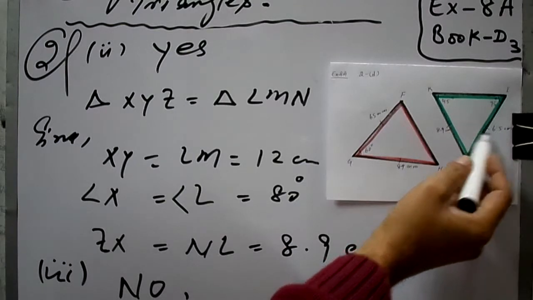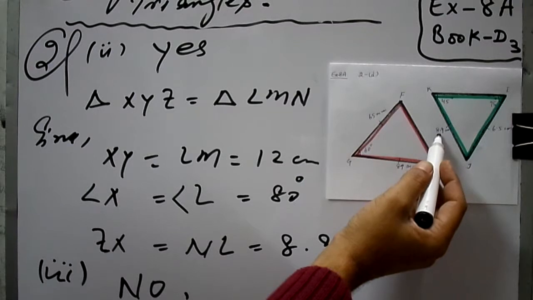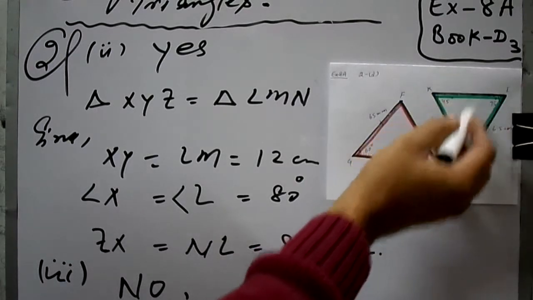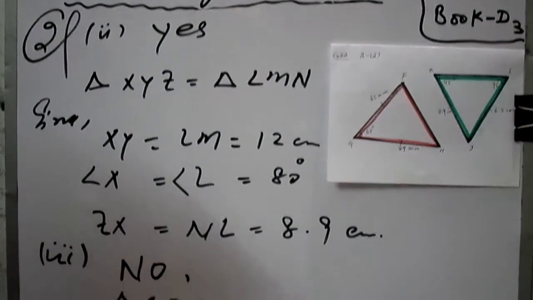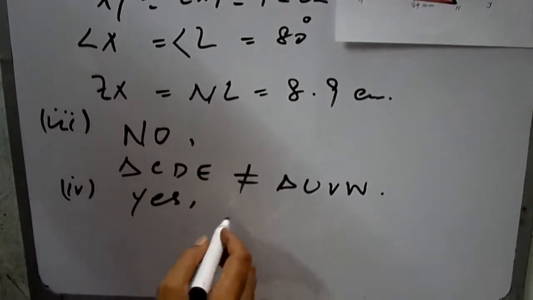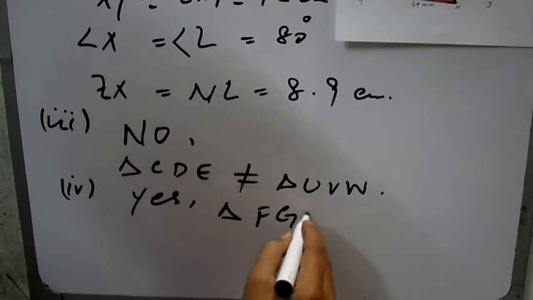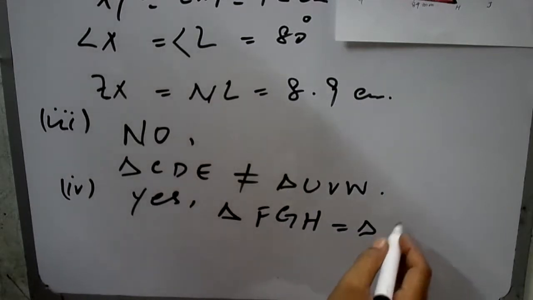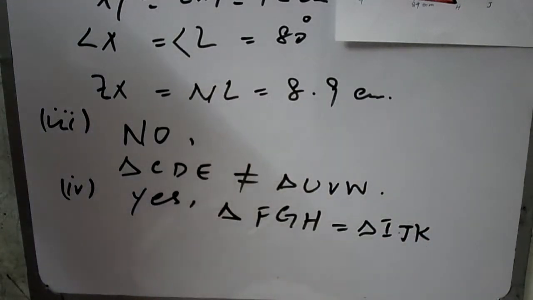So multiply by 10, you will get 65. This is also 89 millimeters. Here you have seen 8.9 centimeters, so it will be converted to millimeters. So three sides are congruent. That's why we can say yes, these two triangles are congruent to each other. That is, triangle FGH is equal to triangle IJK. These two triangles are congruent.